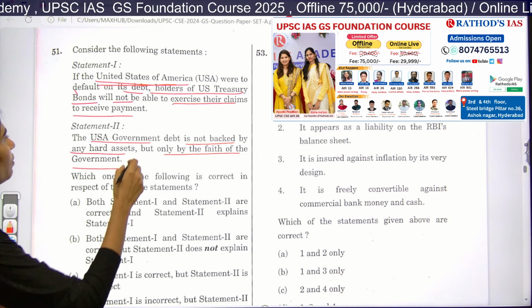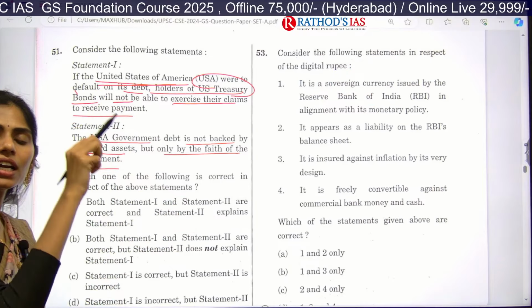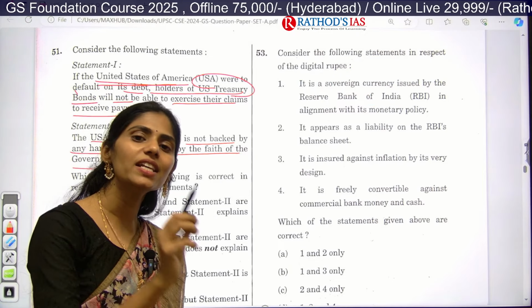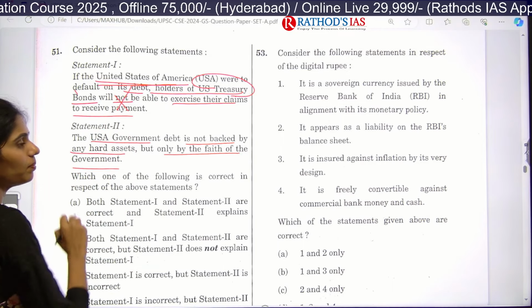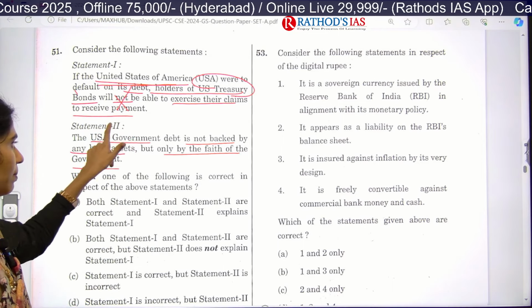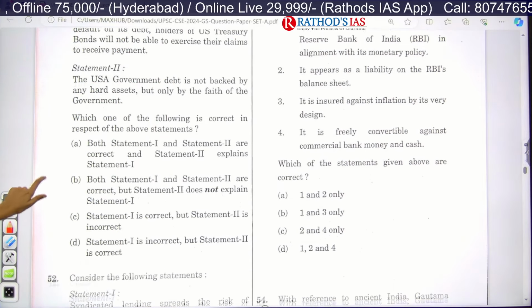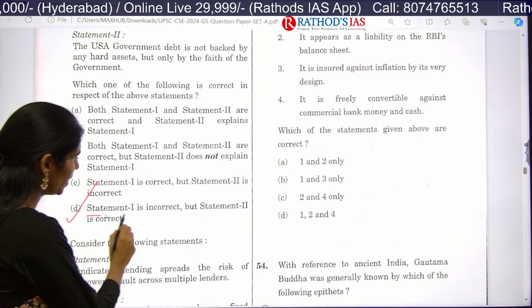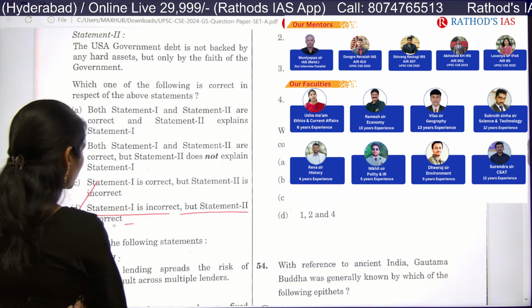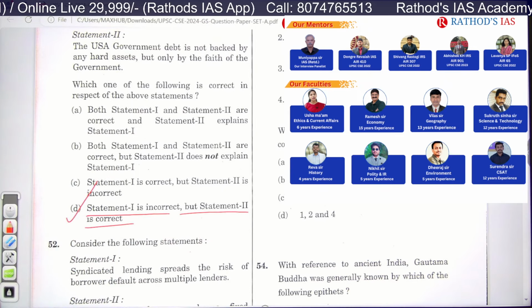Whenever you are holding US treasury bonds, they are under the control of the US government, and yes, they can be claimed. But it says you cannot claim, so this statement is incorrect and the other statement is correct. Among the options, where statement 1 is incorrect and statement 2 is correct, it is option D. So option D is the correct answer for this question.